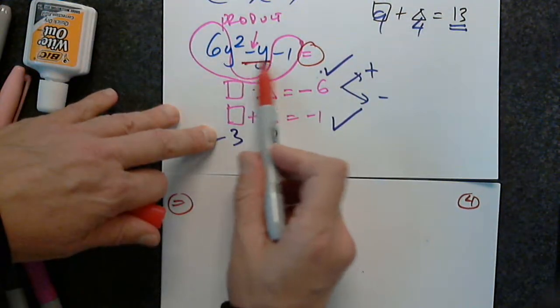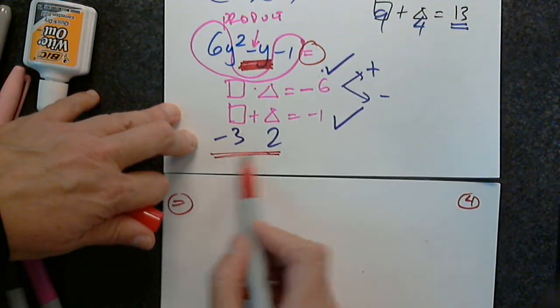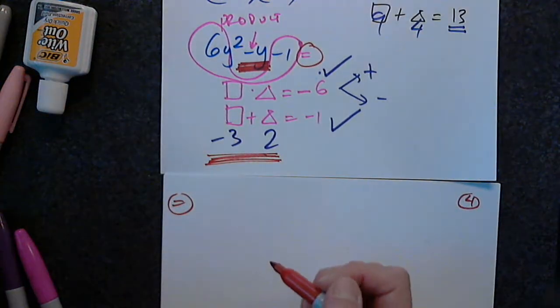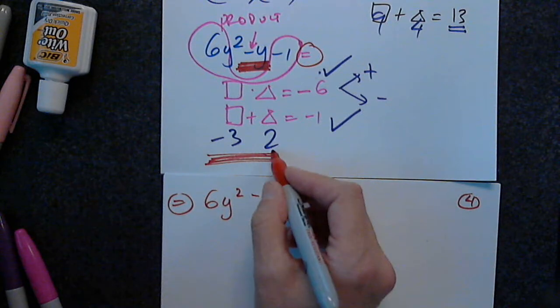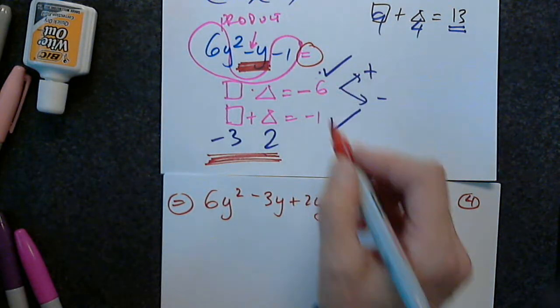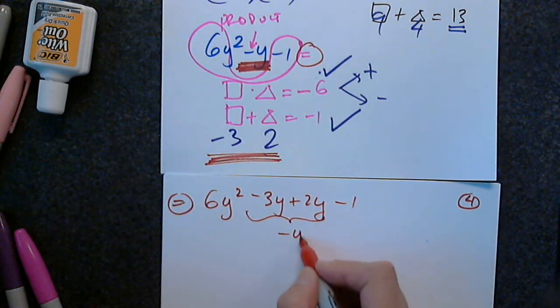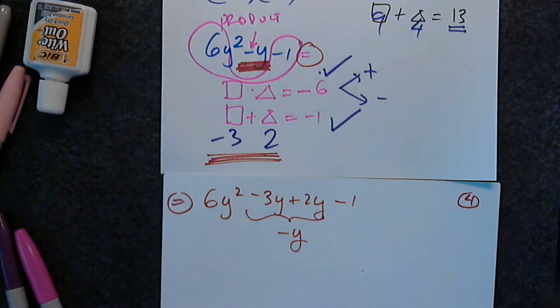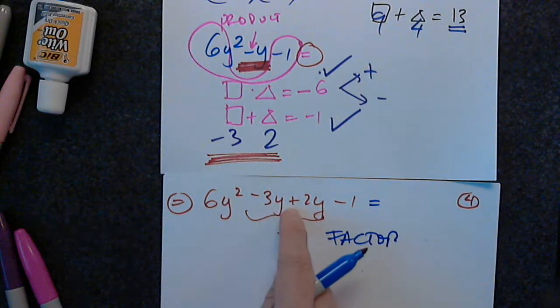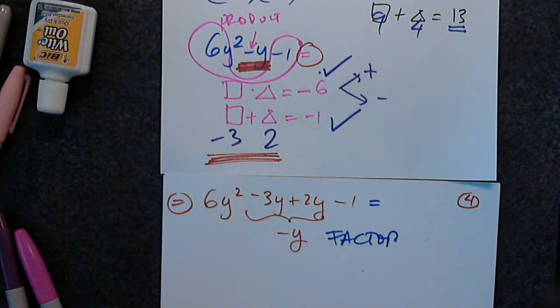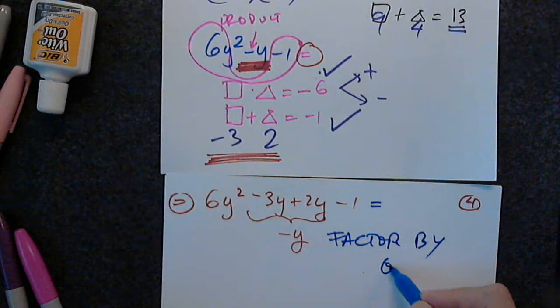We will replace this term using these numbers that you just gave me. So I will write 6y squared minus 3y plus 2y and minus 1. This is still negative y. We did not change the problem. We changed the presentation, the outlook, but we did not change the problem. At this point, we will factor. Do not go back and combine like terms, because you're going backwards. We're going to factor by grouping.